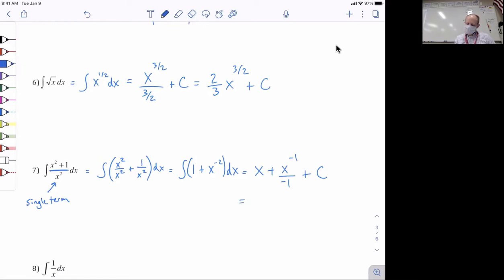And the last thing I would do here is move that negative exponent. So we're going to end up with -1 over x. And I guess you could just write x minus 1/x. And plus c.